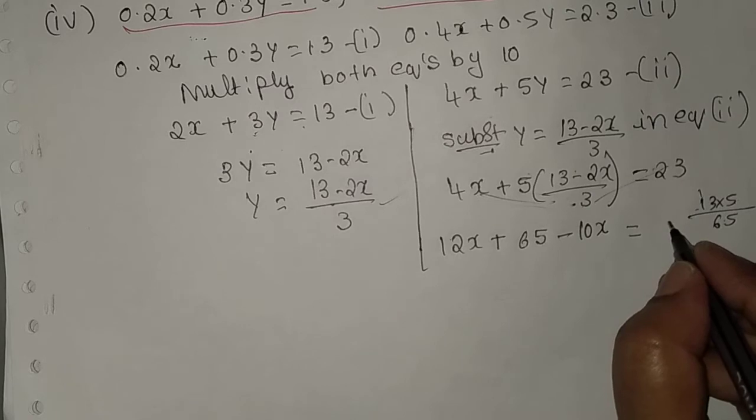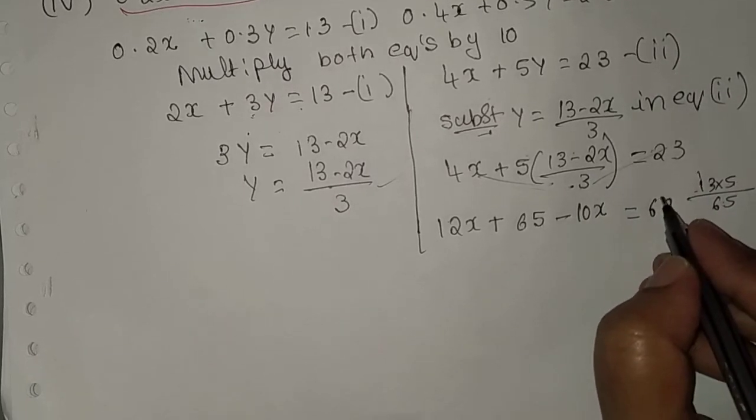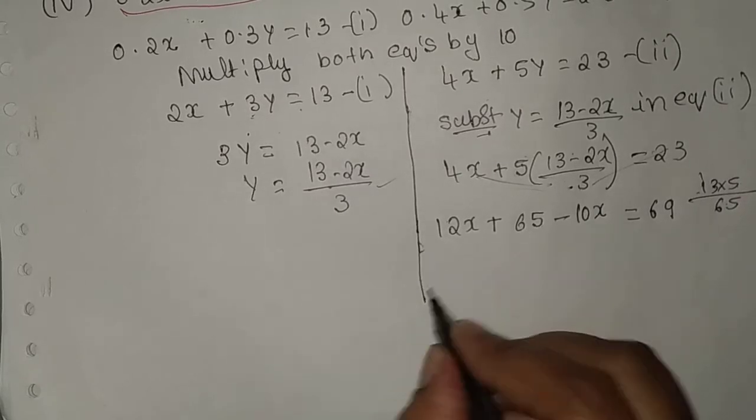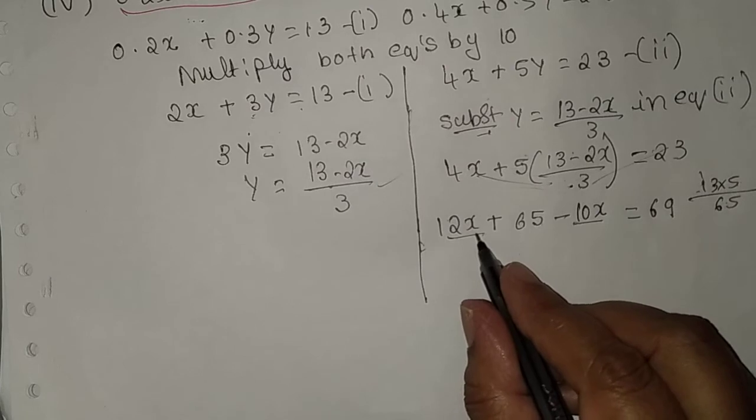This becomes 3 3s are 9, 3 2s are 6, 69 we are getting.